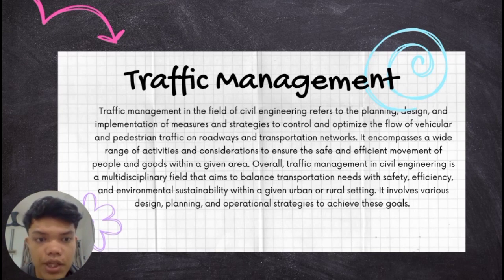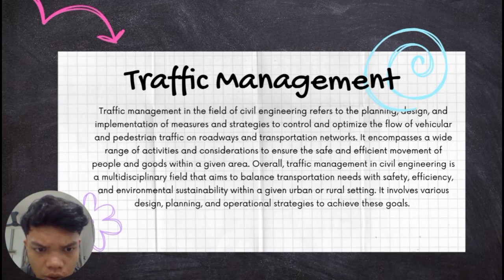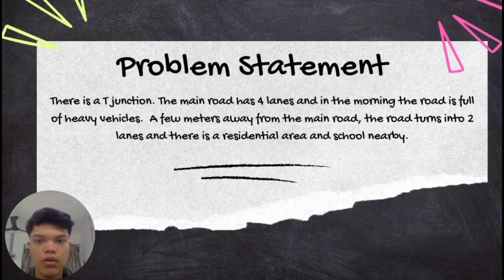Overall, traffic management in civil engineering is a multidisciplinary field that aims to balance transportation needs with safety, efficiency, and environmental sustainability within a given urban or rural setting. It involves various design, planning, and operational strategies to achieve these goals.